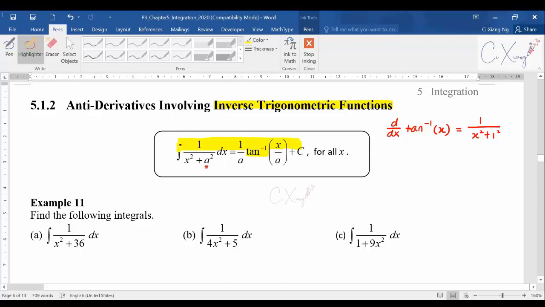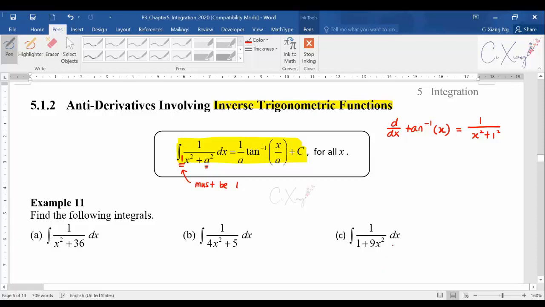Okay, to apply this result, there's one important rule that you need to know also. When you want to apply this result, generally you have to make sure that the coefficient of the x squared before you integrate must be a 1. If not, then you won't get the correct answer.